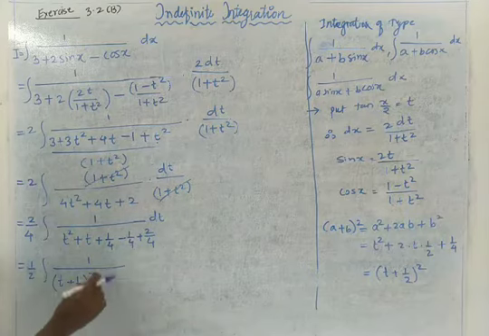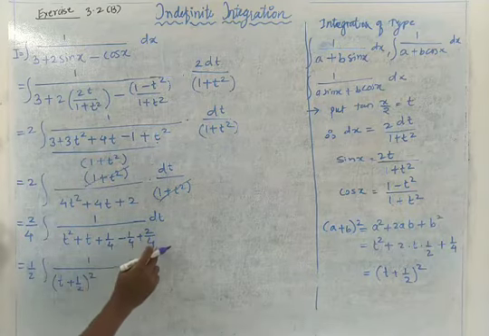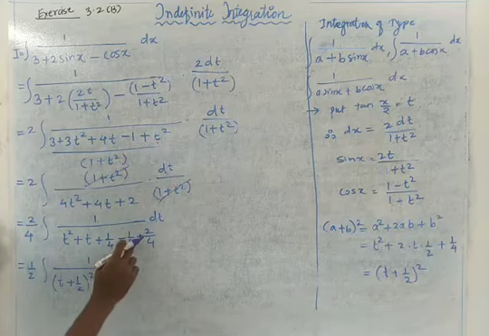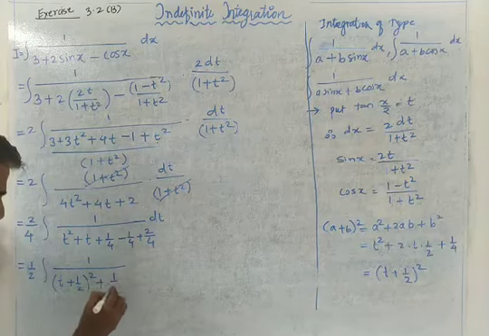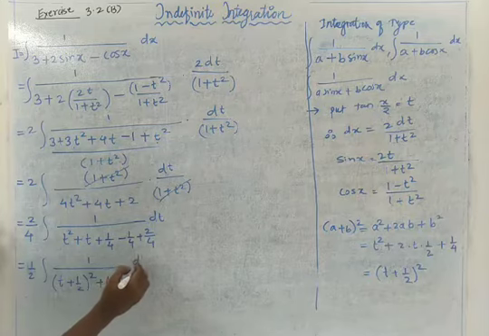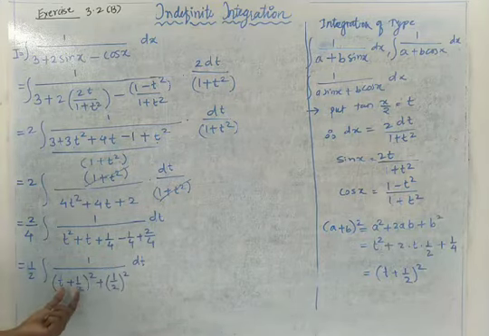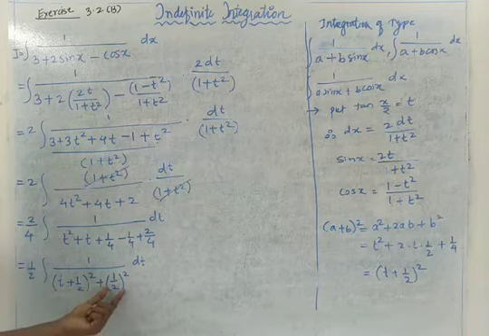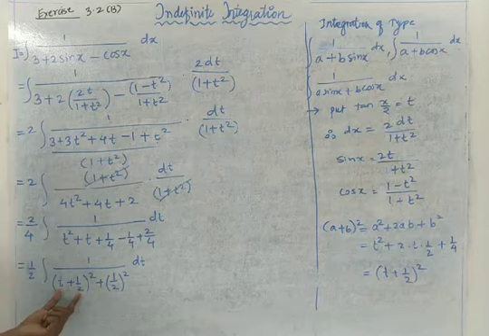Okay, and then minus 1 by 4 plus 2 by 4, subtraction. So minus 1 plus 2 with common denominator 4 is plus 1 by 4, and plus 1 by 4 means 1 upon 2 whole bracket square dt. And now this is 1 upon x square plus a square, but in the place of x is t plus half. Okay, so that part we are going to assume as t, and we are going to divide by its derivative.